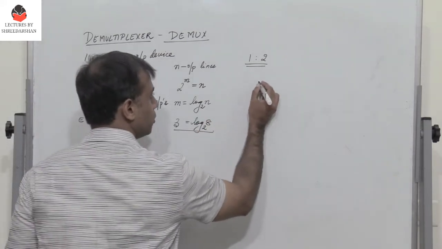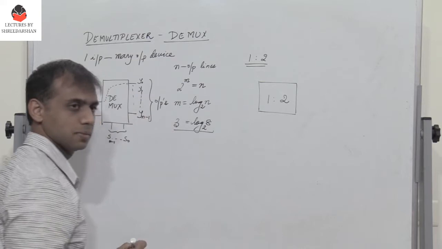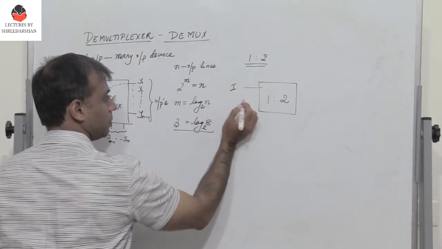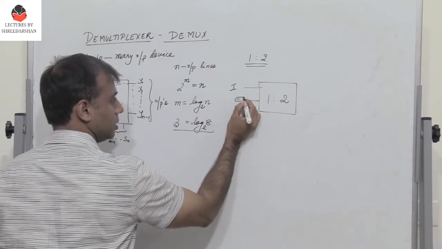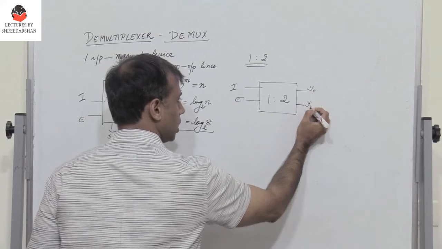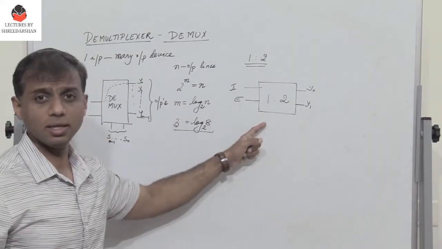So in case of a 1:2 demux, there is one input I, and of course you have the enable, and we have 2 outputs. Let the 2 outputs be y0 and y1. Since you have 2 outputs, how many select lines do we need?